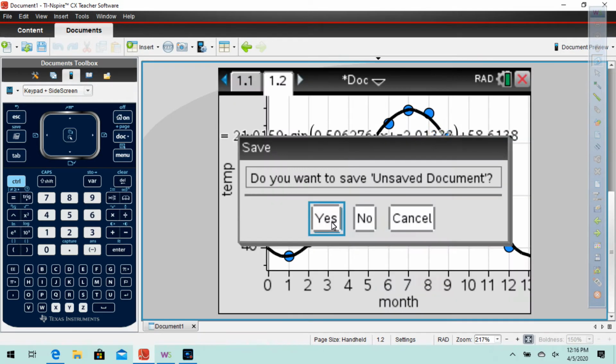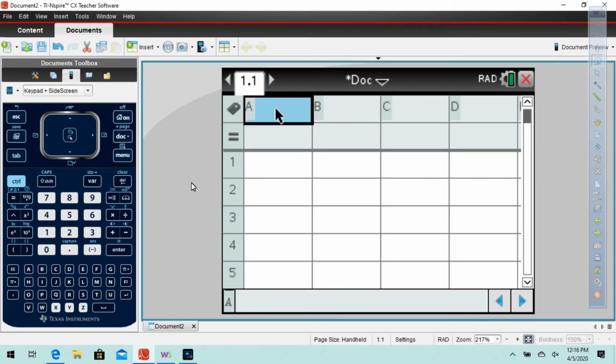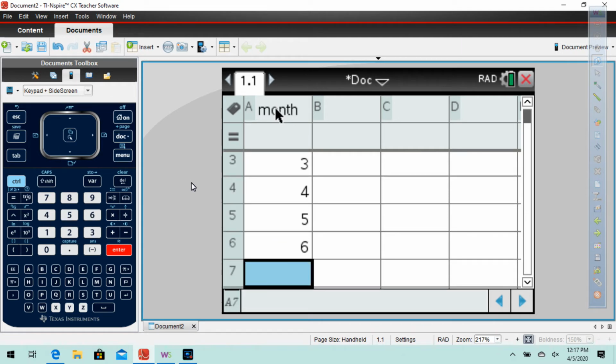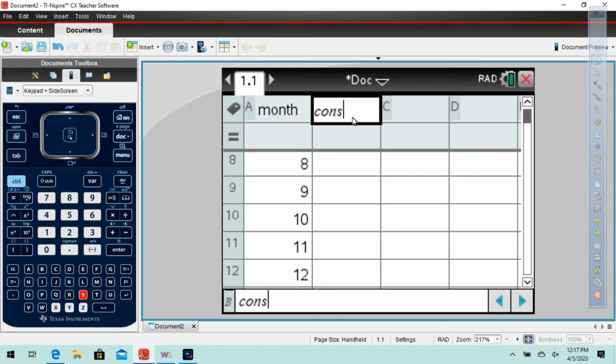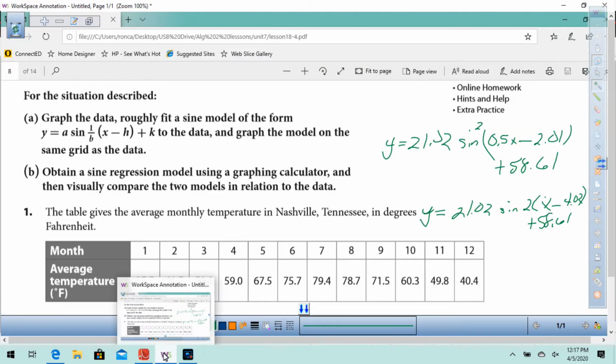We'll put month, 1 through 12. Up here we'll put consumption, and then what did we have? This will take a little bit longer.